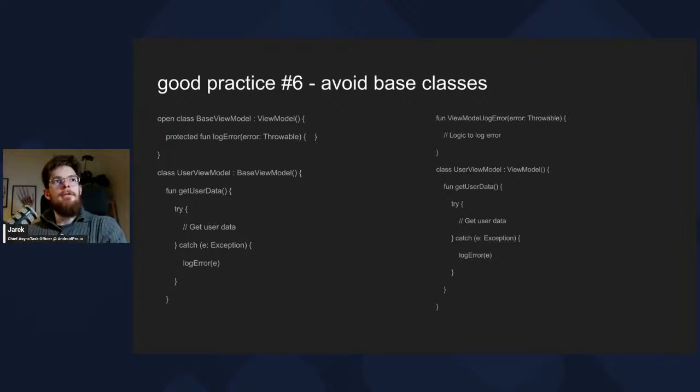Next thing is to avoid base classes. And while they can seem like a convenient way to share some common functionality, we often see base view model or base activity. I'm happy that we cannot do base composable right now. But yeah, base classes often lead to tight coupling and can hinder the composability of our classes, of our components.